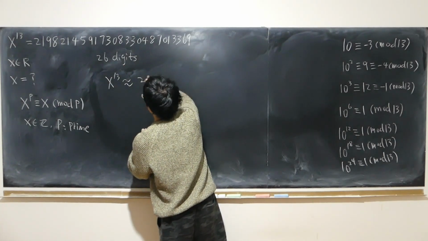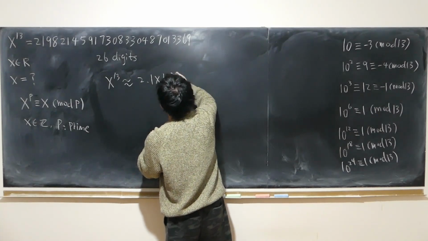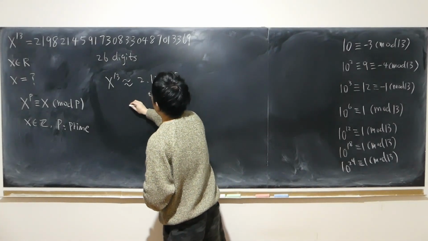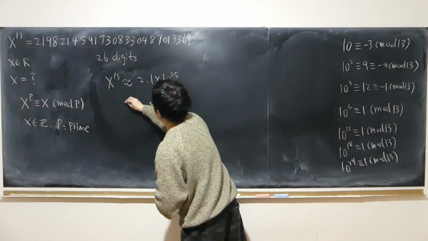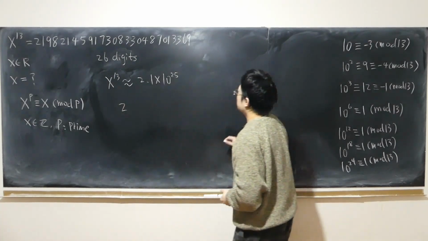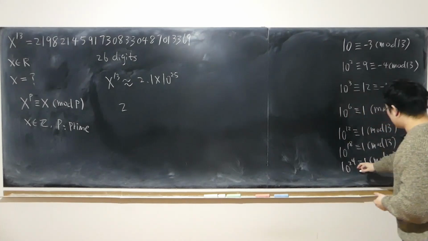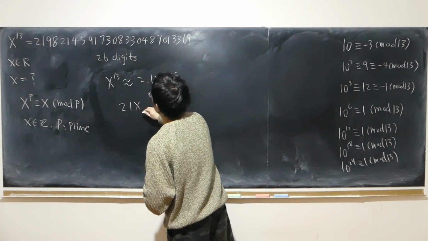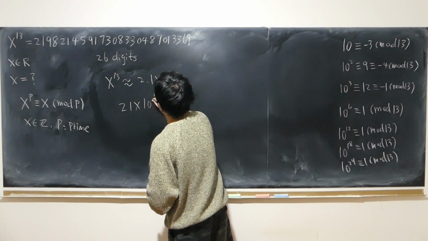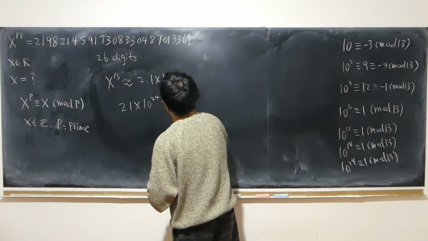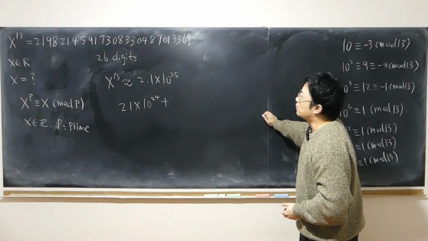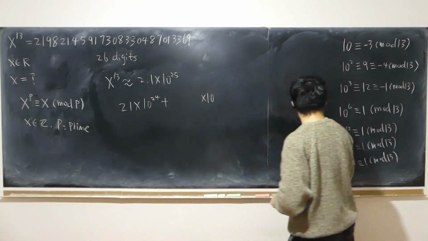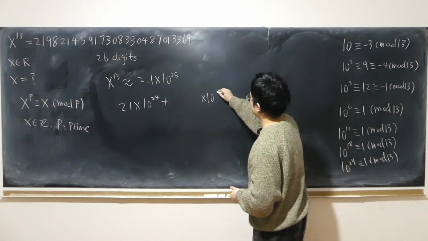So that means, because first of all, that's 26 digits, roughly 2.1 times 10 to the power of 24. I probably have to rewrite it into a sum of, for example, 21 times 10 to the power of 24, plus some other number times 10 to the power of 18. 18, that's going to be useful.